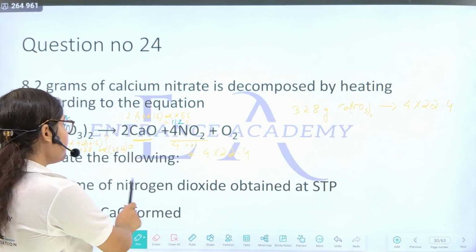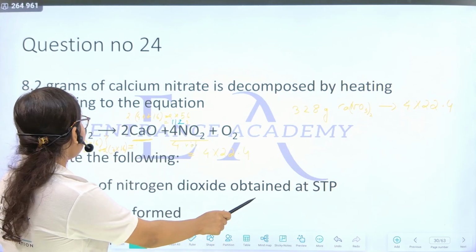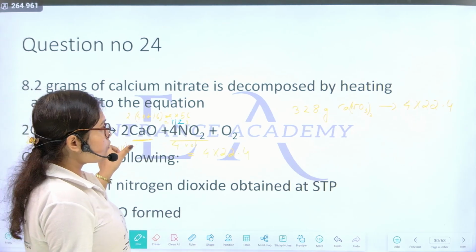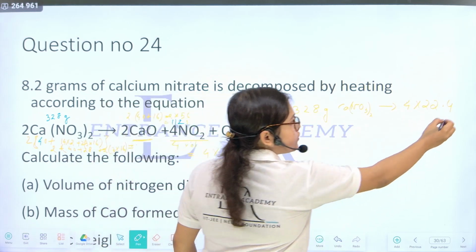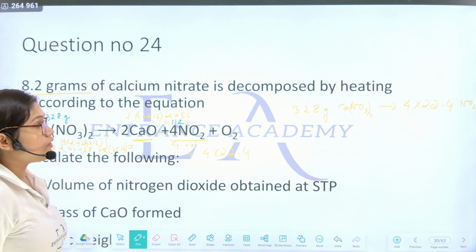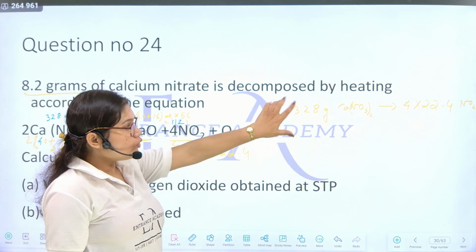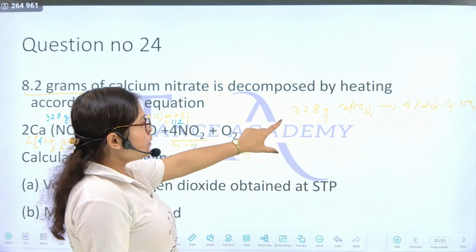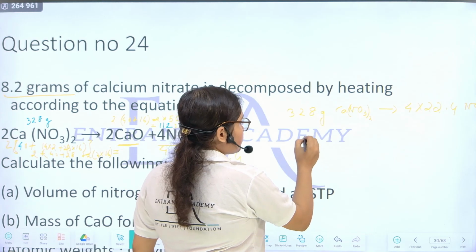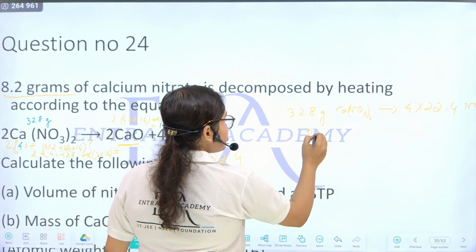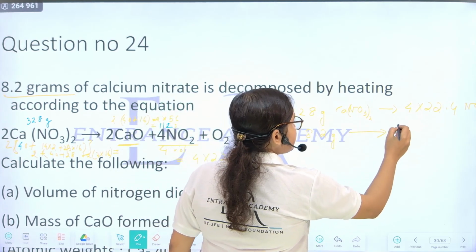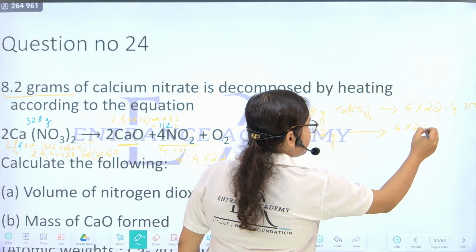Now the question is volume of nitrogen dioxide obtained at STP. So according to this equation, from 328 grams of calcium nitrate, 4 into 22.4 liters of nitrogen dioxide. But according to this question, 8.2 grams of calcium nitrate is decomposed. Not whole of this calcium nitrate is decomposed. Only 8.2 grams of calcium nitrate is decomposed. So if 8.2 grams of calcium nitrate is decomposed, then simple unitary method calculation.